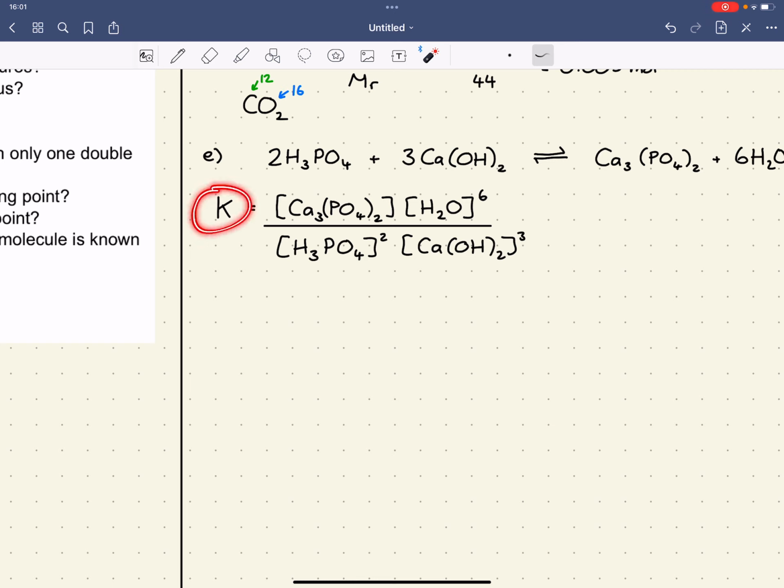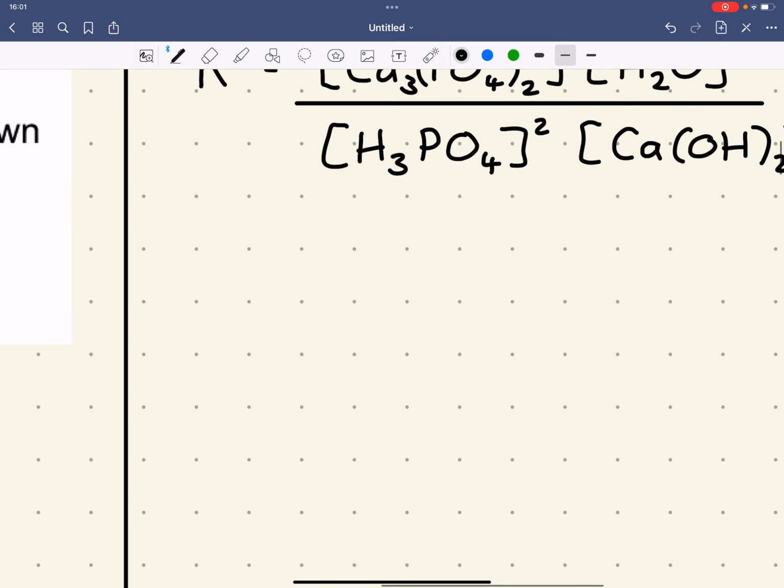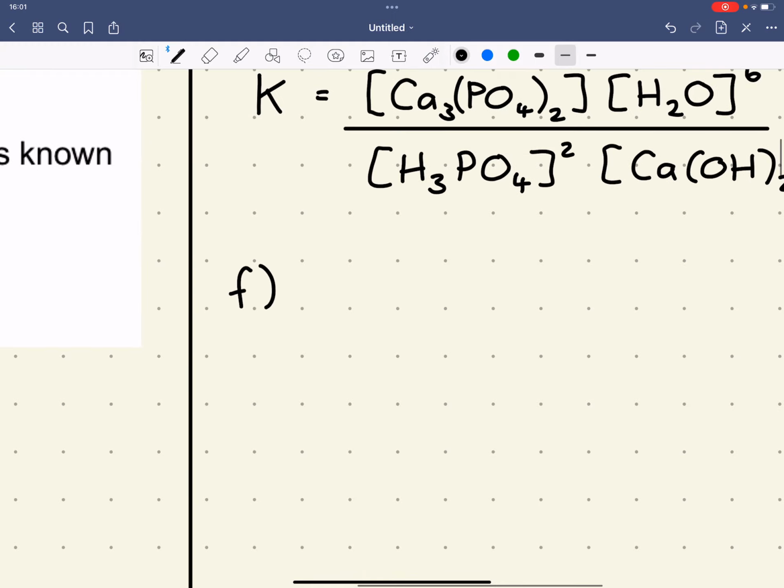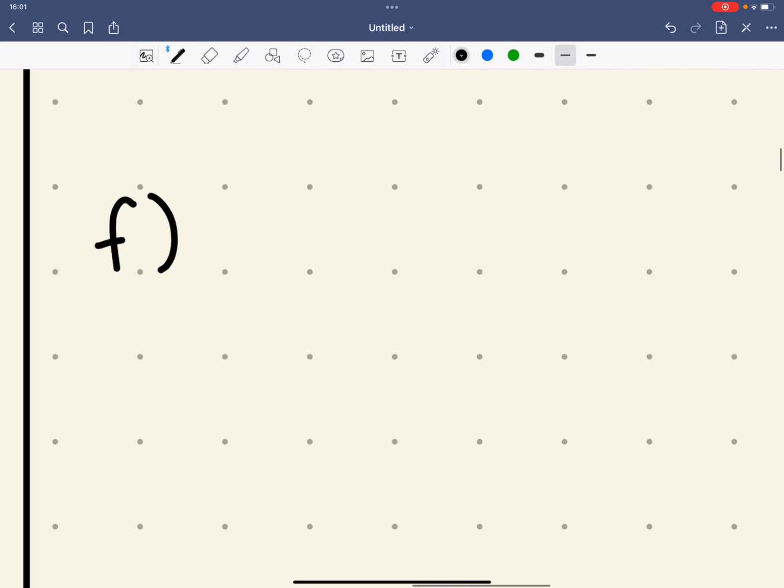Equilibrium constants which are high indicate we've got a lot of this, which is more products. So F would mean that you've got a low equilibrium constant, which it is. It's 1 times 10 to the minus 4, which means that you've got low amounts of products at equilibrium.